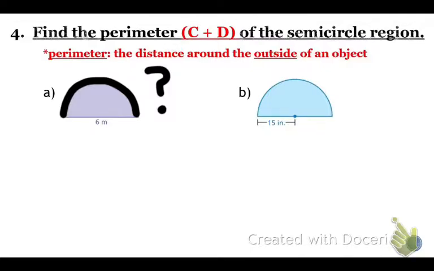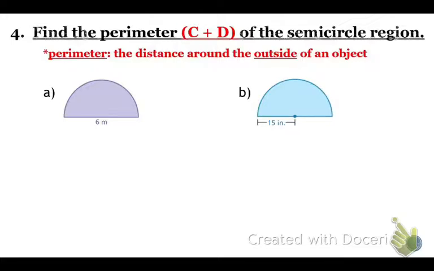Starts with a C. Circumference, okay? So we are going to use our circumference formula to find the top half of the distance of that circle. There are two formulas that I've taught to you today. The first one was C equals pi times D. The second one was C equals 2 times pi times R.